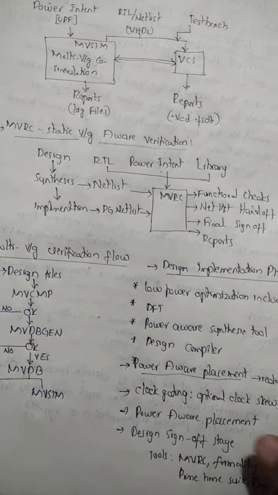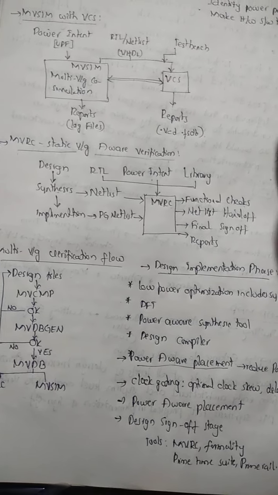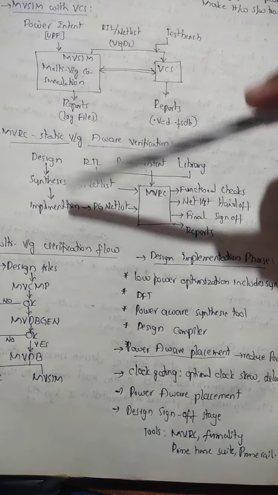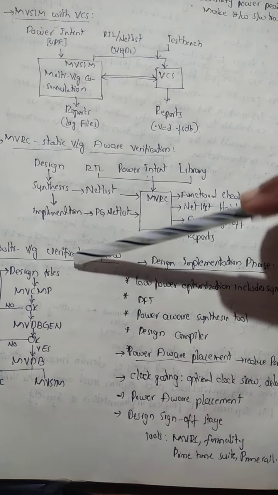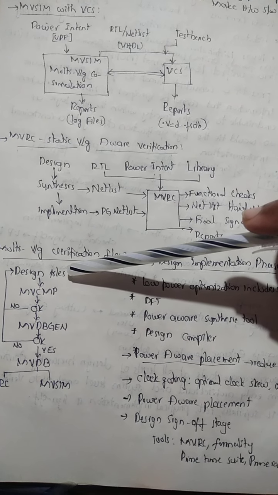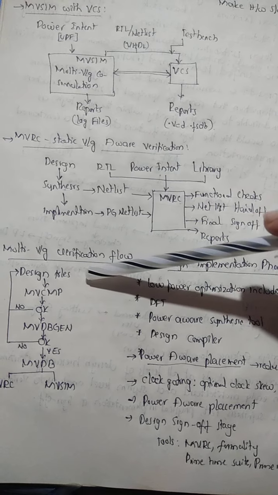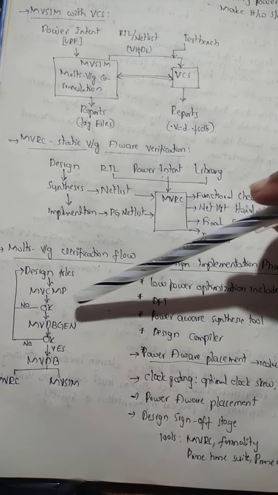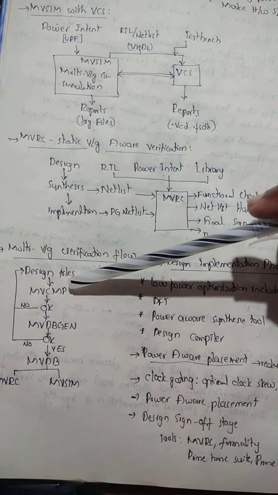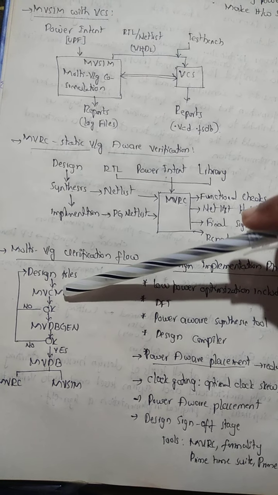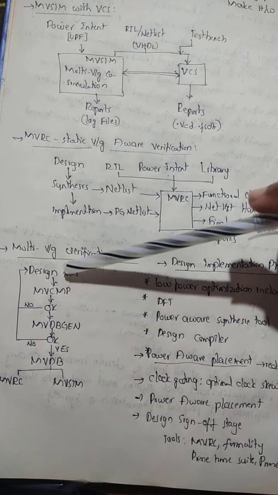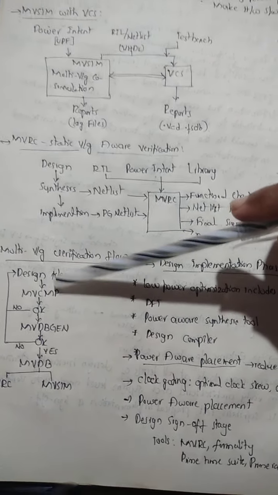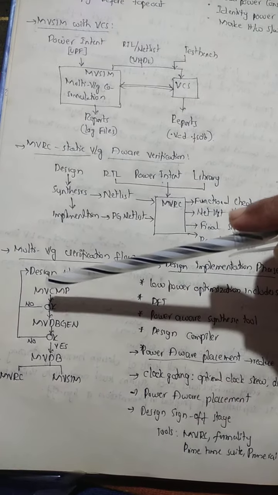Now we will move to the multi-voltage verification flow. First we apply the design rules, and it enters into MVCMP, that is nothing but the multi-voltage compiler. It compiles the Verilog RTL files along with the UPF.